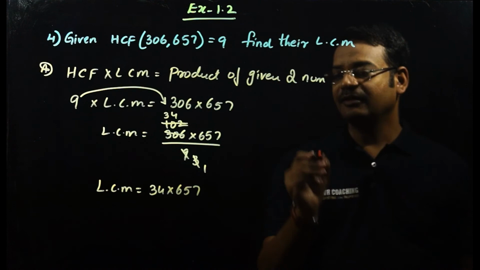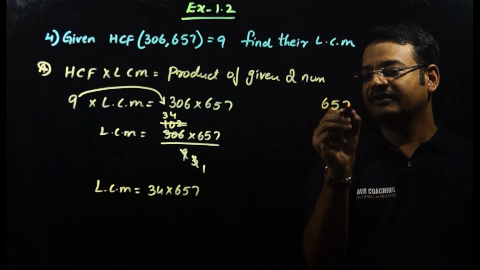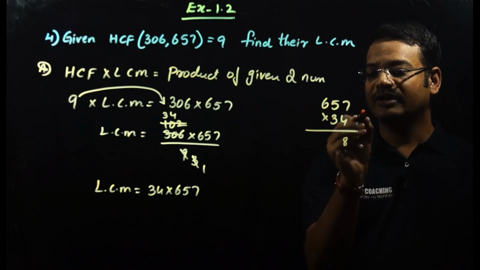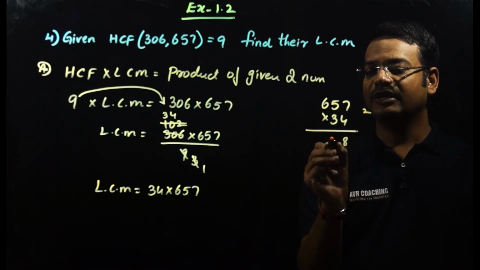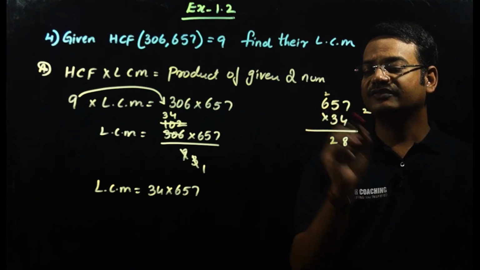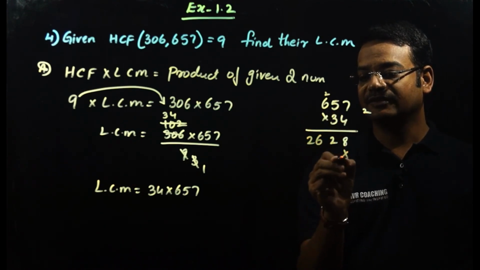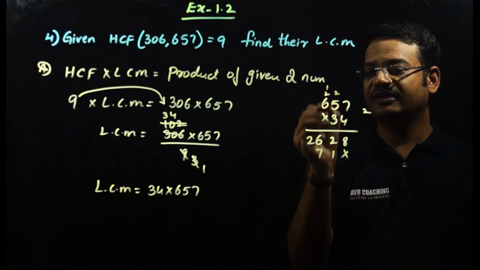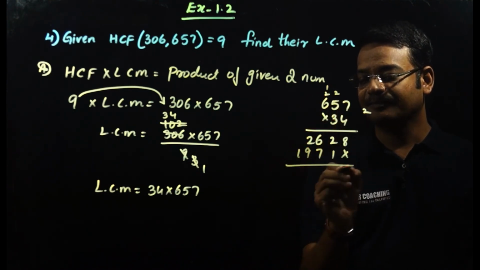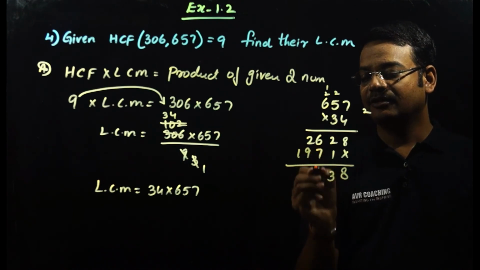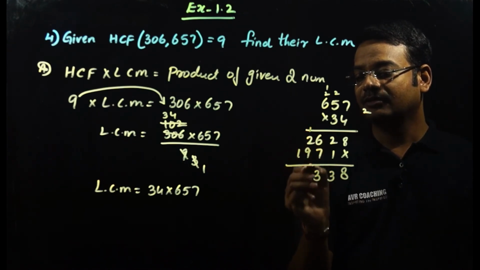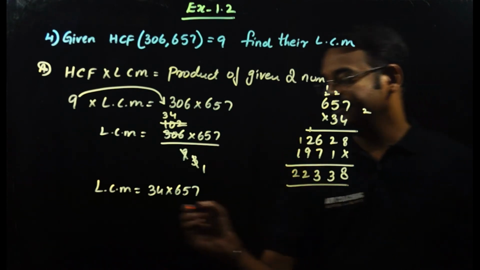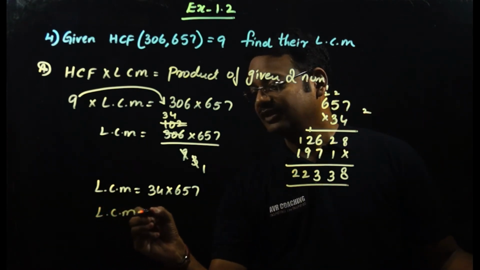If we multiply 657 into 34, we get the LCM, which is 22338.